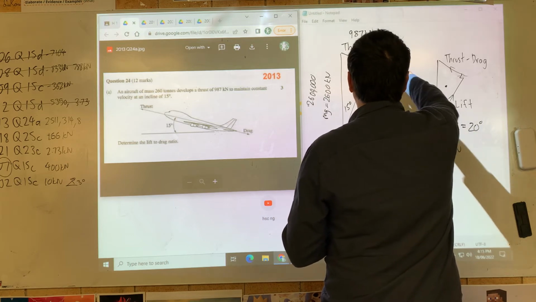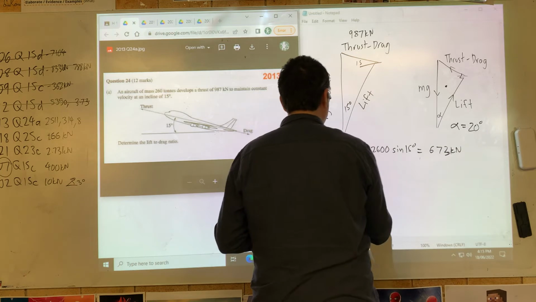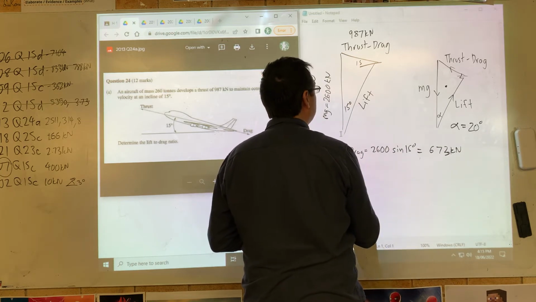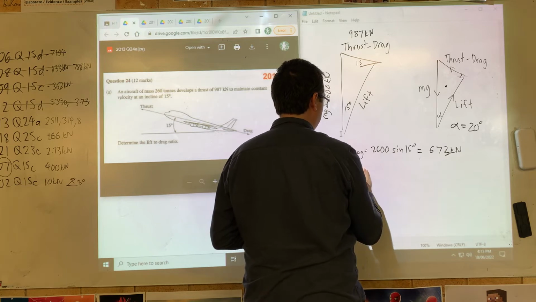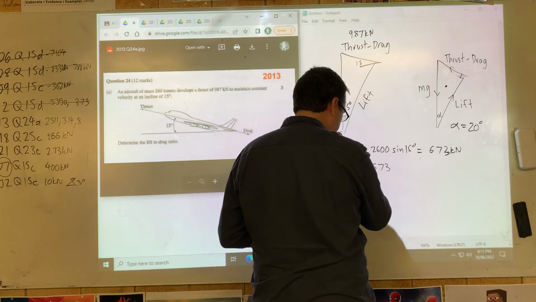So our thrust is 987 minus our drag. Thrust minus drag, so 987 minus drag equals 673.